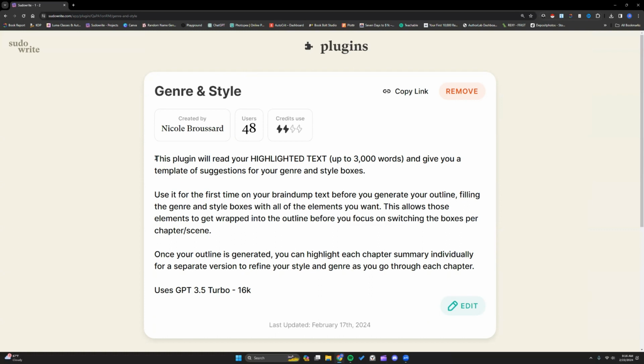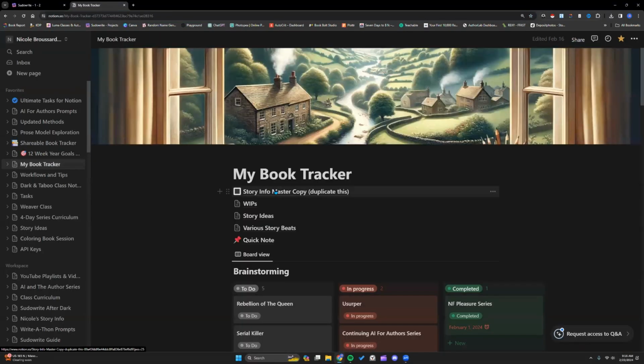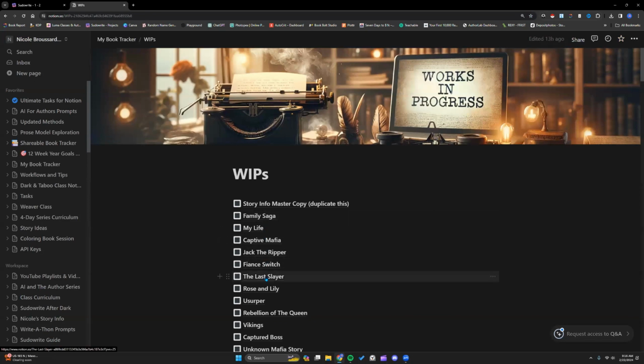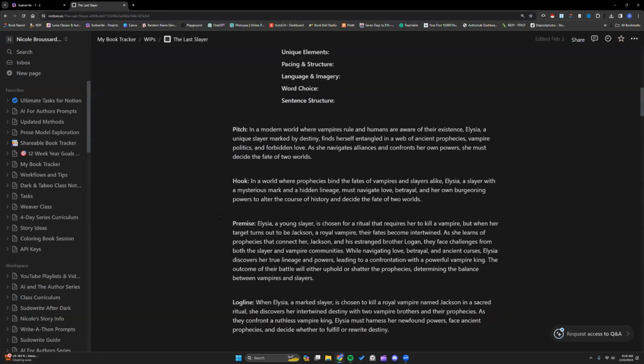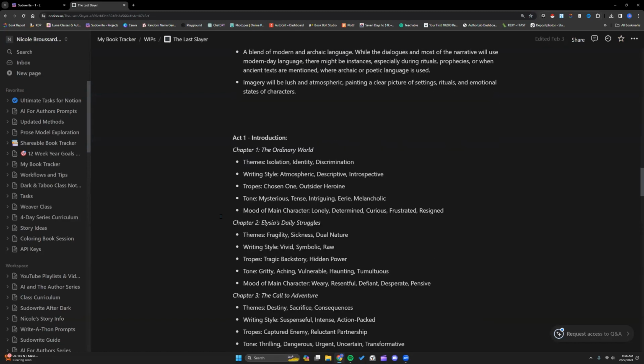And again, this is one that I typically like to use a prompt inside ChatGPT because Chat will give me a breakdown of genre and style for each chapter. It will look similar to this. Let me find where it is at. Here we go.